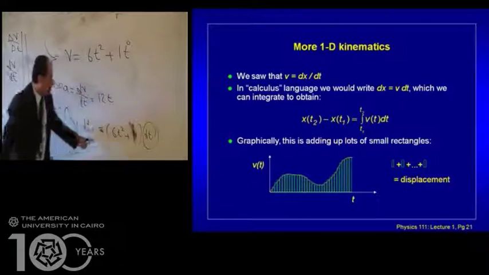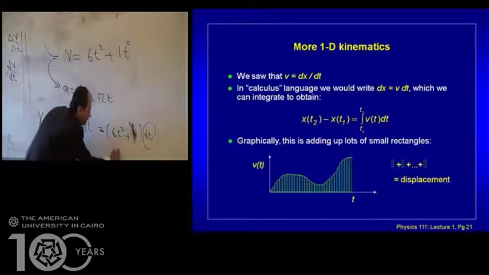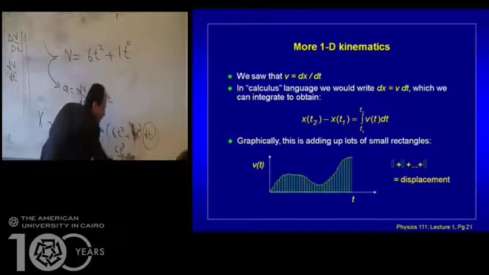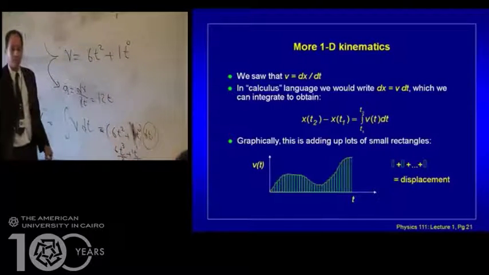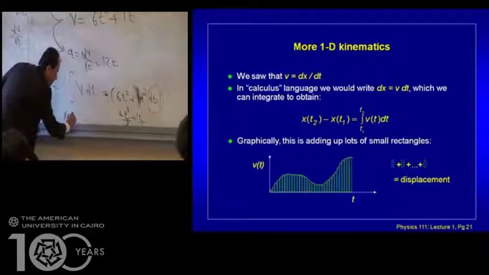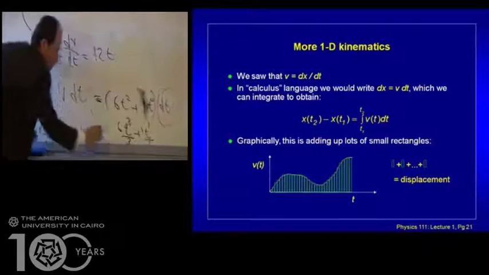Now, we need to do the integration of t squared. t squared, that's t to the power 3 divided by 3. And here is the 6. Plus t to the power 1 divided by 1, and here is the 1. That's x. That's 2t cubed plus t plus a constant.